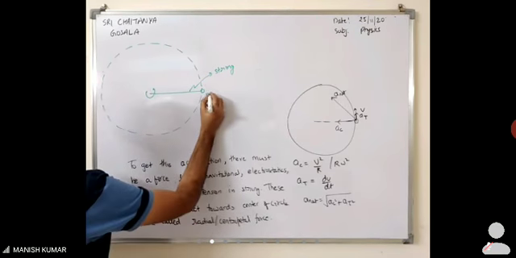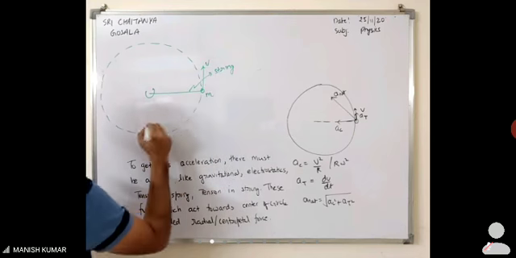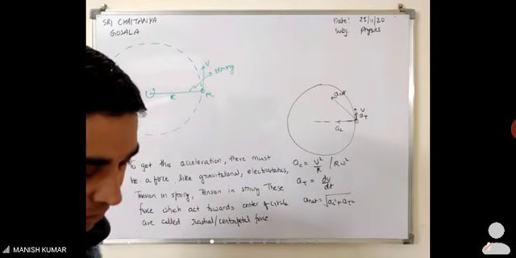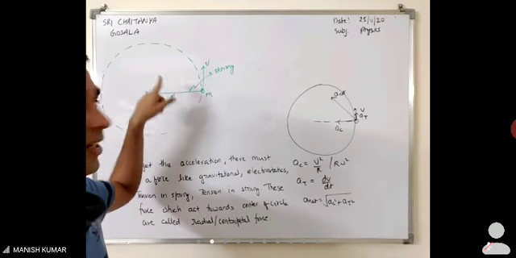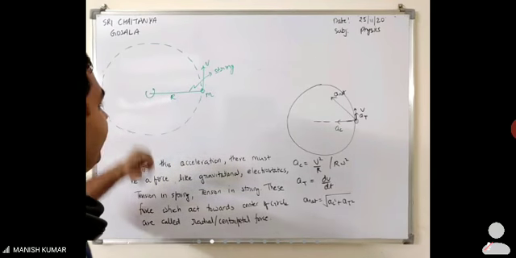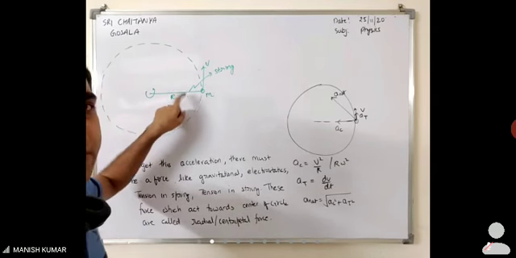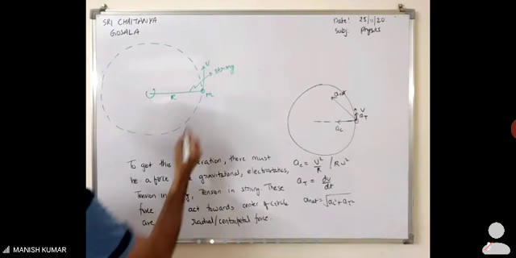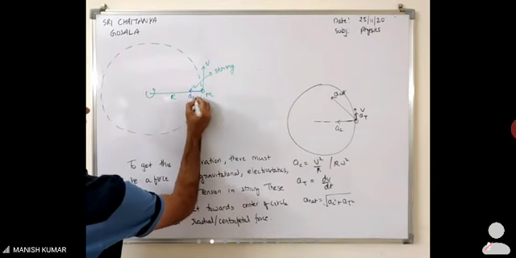Let's say the mass of the particle is m, the speed of revolution is v and the radius of the circle is r. If the particle is revolving in a circle with constant speed v, the particle must have centripetal acceleration ac toward the center.